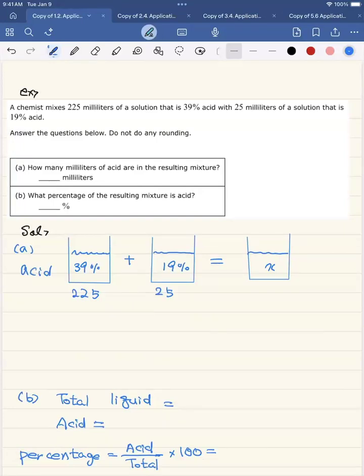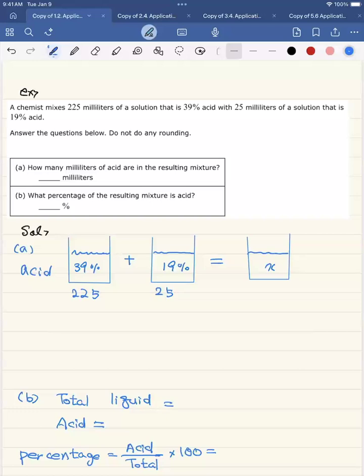In this problem, a chemist mixes 225 milliliters of a solution that is 39% acid with 25 milliliters of a solution that is 19% acid. Answer the questions below. How many milliliters of acid are in the resulting mixture?